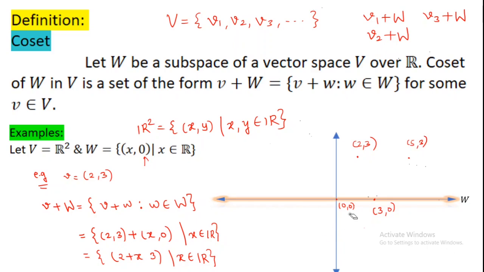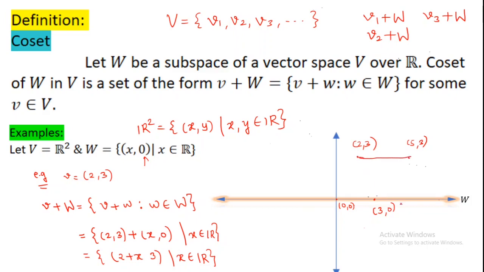Now note, there are many elements between this (0, 0) and (3, 0). For all those elements we are going to get an element of the coset. So in all these elements of W, if we add (2, 3), you will observe that we get these elements somewhat like this.